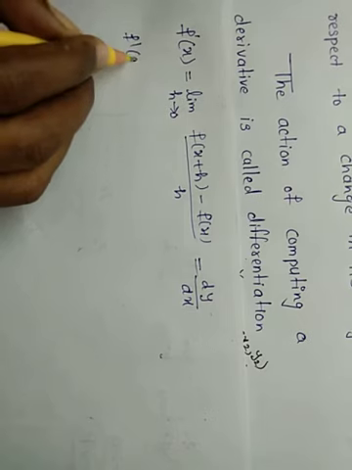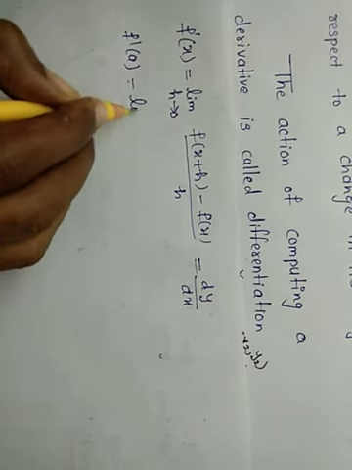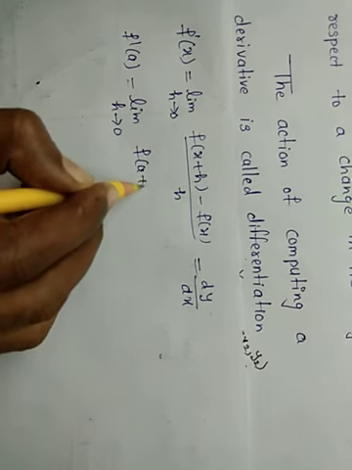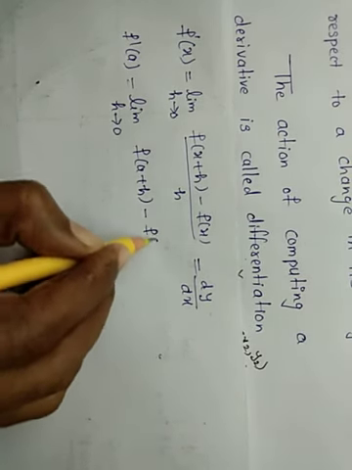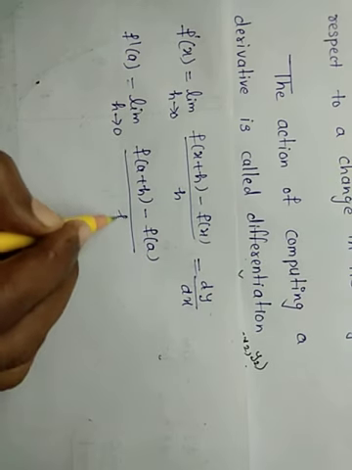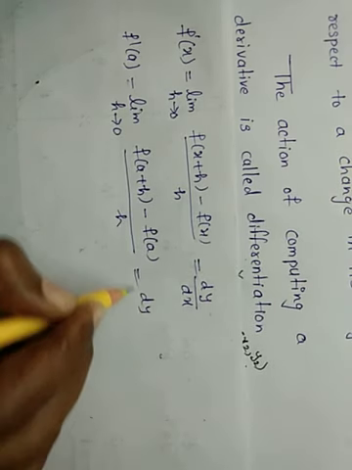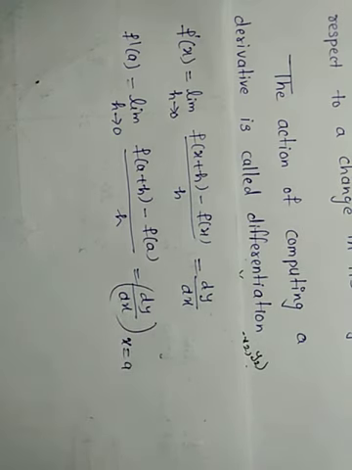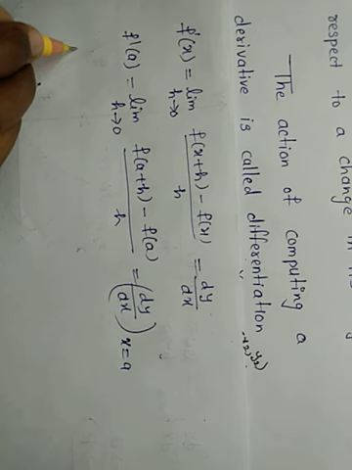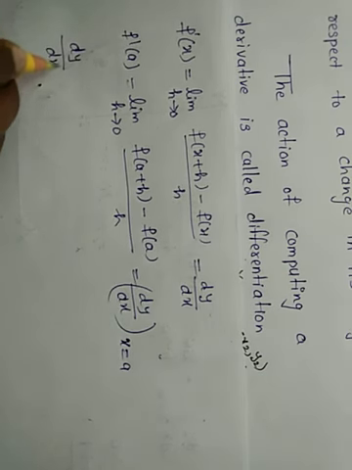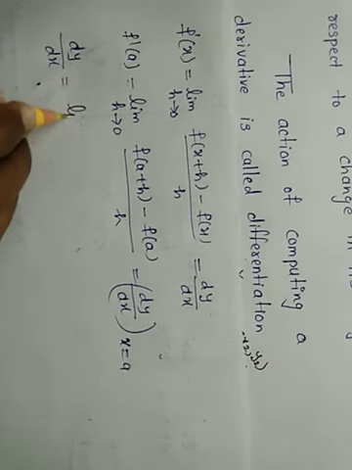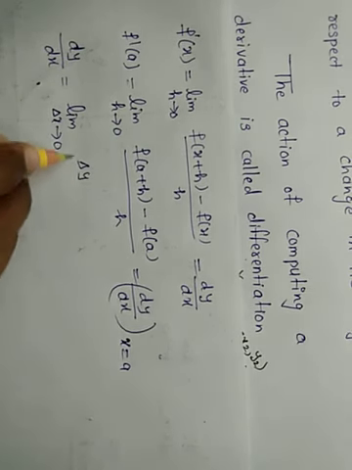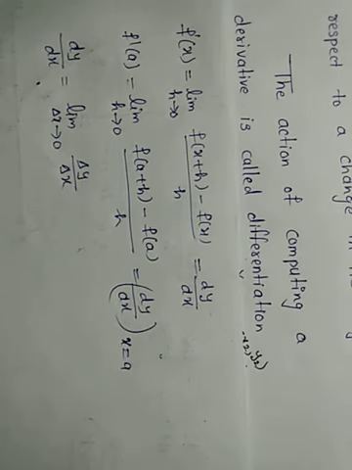In particular, at point a, I will write limit h tends to 0, f of a plus h minus f of a divided by h, and this we will write as dy by dx when x equal to a. Also we can write dy by dx is equal to limit delta x tends to 0, delta y by delta x. This is a different way we can write it. Is it clear?